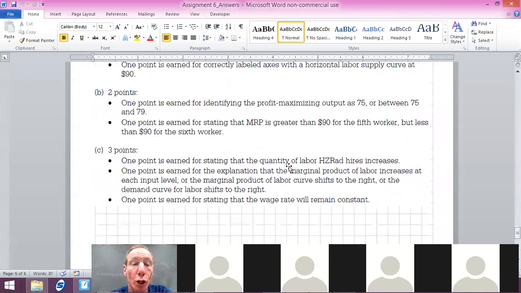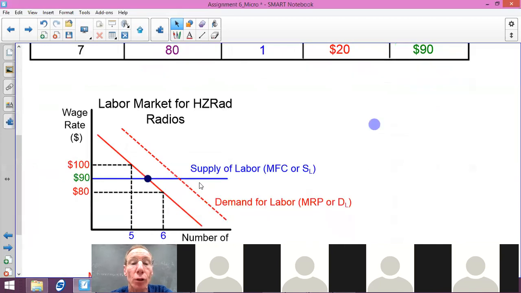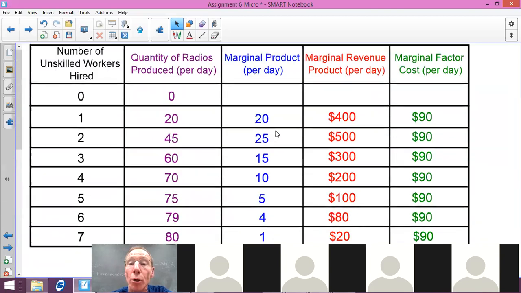But I wanted to show you what it looks like graphically. The demand curve for labor is downward sloping, right? And they're going to hire labor up to a point where the demand curve is also the marginal revenue product curve. So this curve right here is actually these numbers right here, okay?